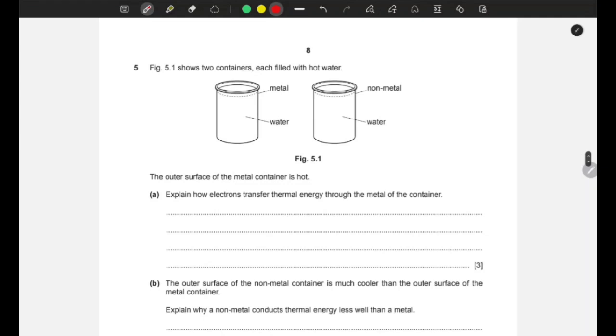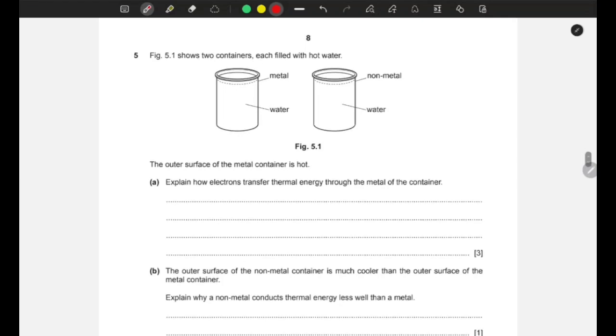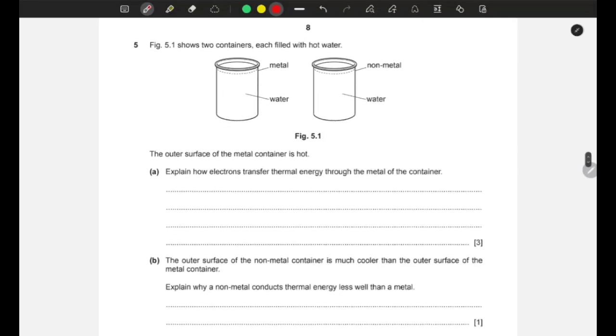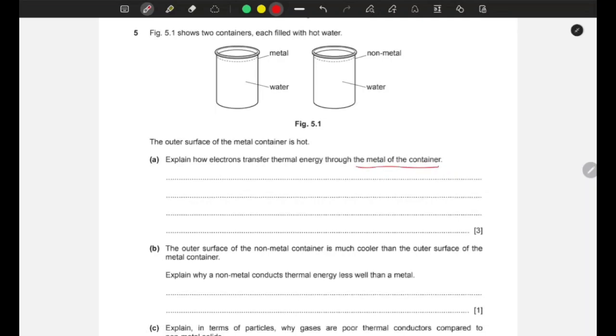Question number 5. Figure 5.1 shows two containers, each filled with hot water. The outer surface of the metal container is hot. Explain how electrons transfer thermal energy through the metal of the container. So firstly, what we have to understand is that the metal has delocalized electrons.